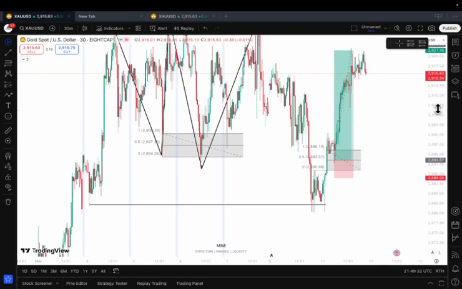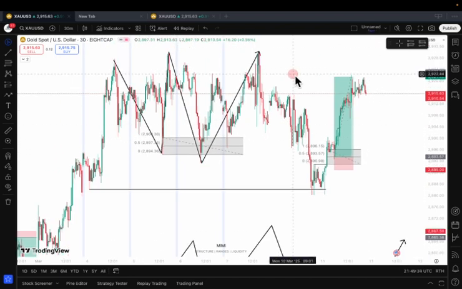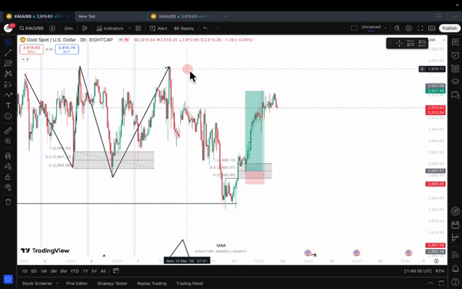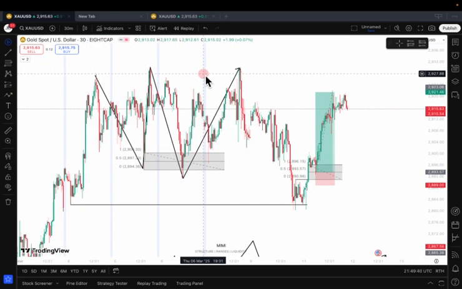So if you check a particular pair and they do not respect mitigation block, have you tried checking other entry models? Because if you have an entry model inside all of these that I respect, like gold does not respect breaker block.